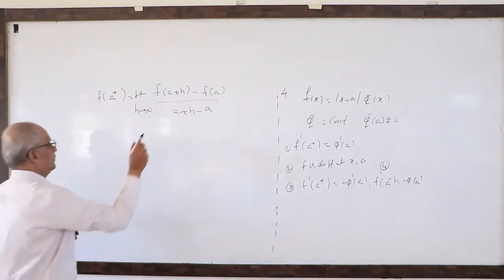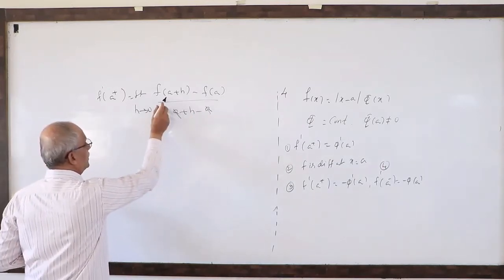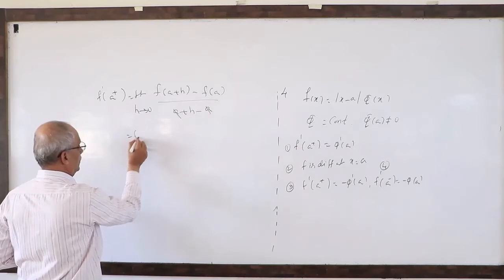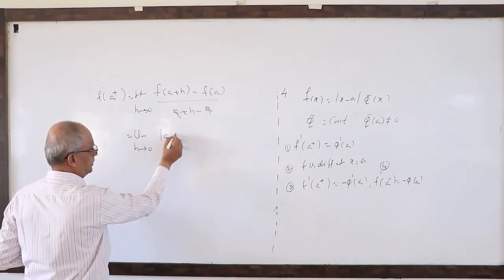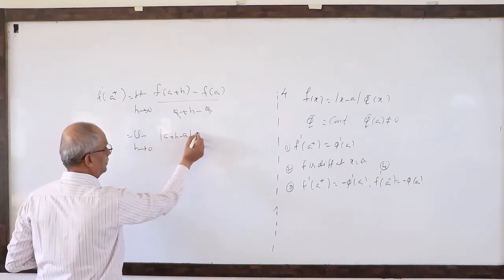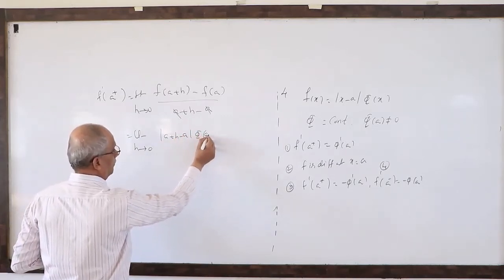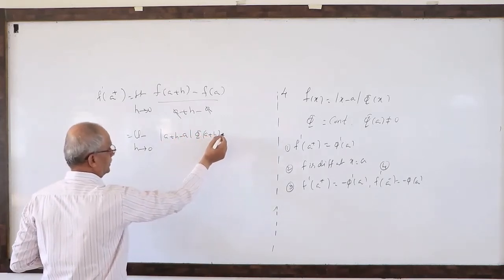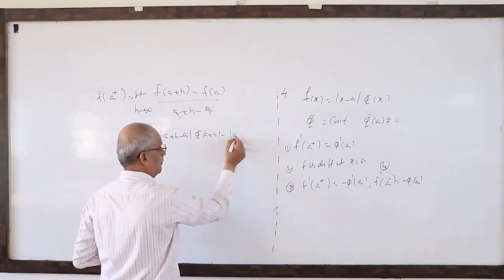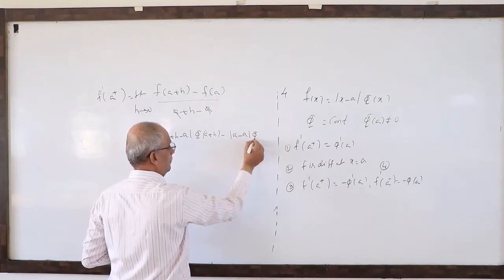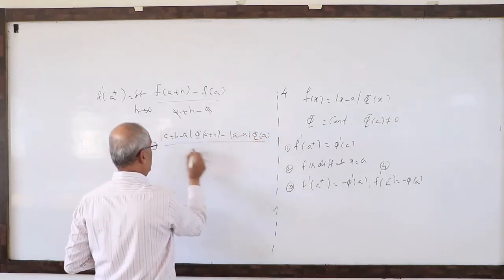Now, what is f of a plus h? h tends to 0, modulus of a plus h minus a into phi of a plus h, minus f of a, which is 0 when x equal to a, by h.